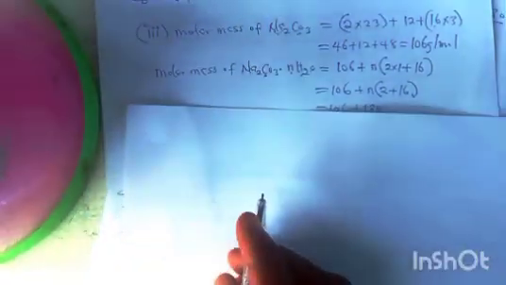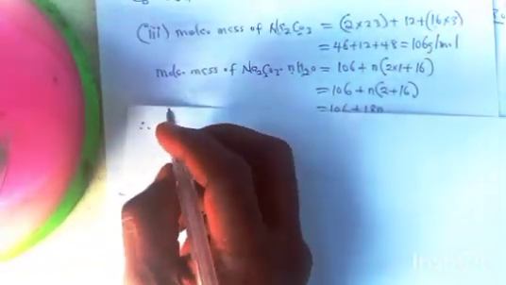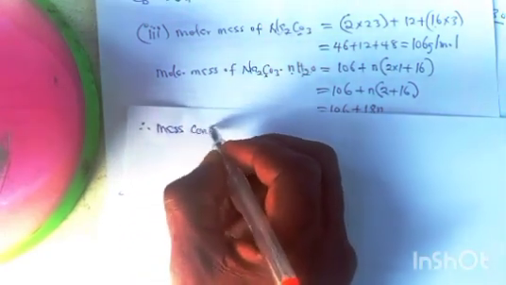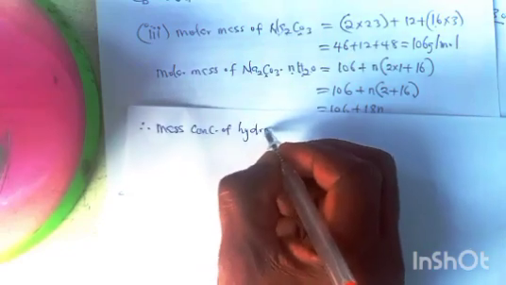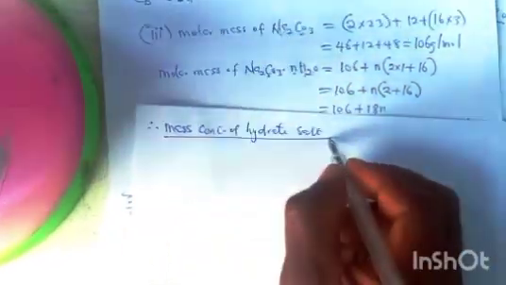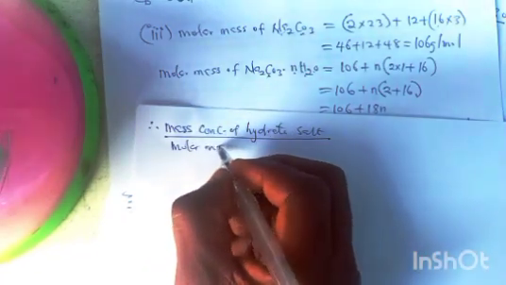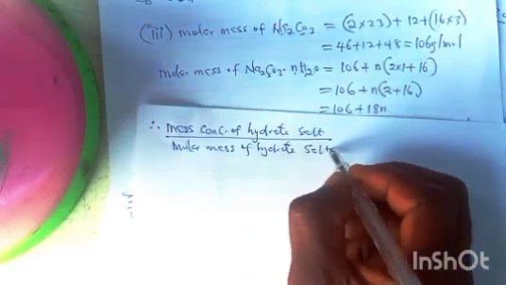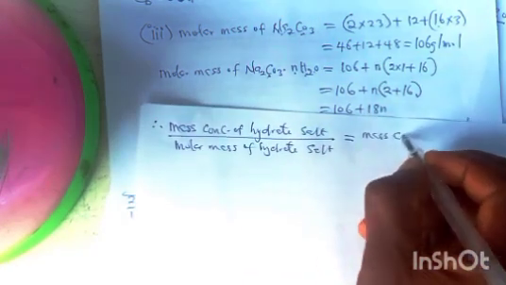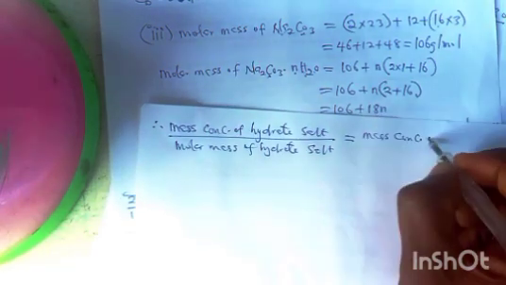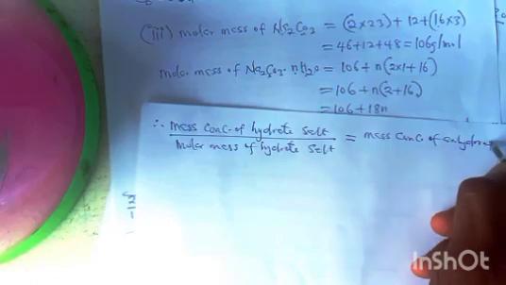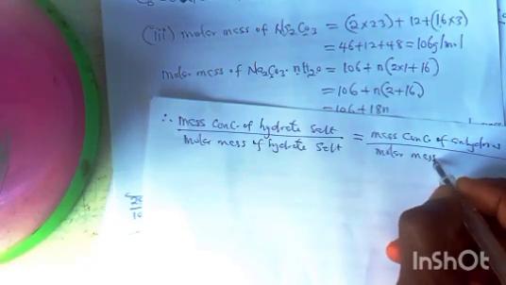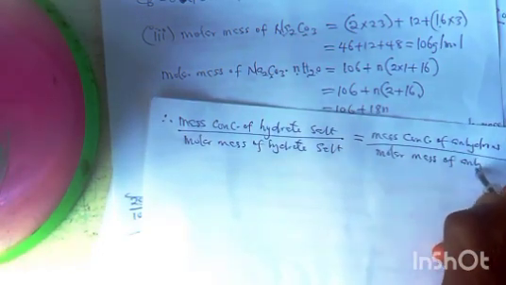We have the solution now. Therefore, to have the value of n, the mass concentration of hydrated salt, we divide by the molar mass of hydrated salt, which is equal to the mass concentration of anhydrous salt over the molar mass of anhydrous salt.